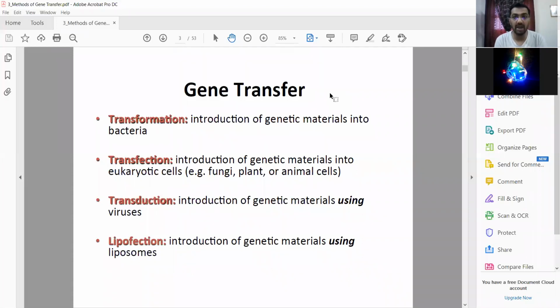While if we use viruses for introduction of genetic material into any eukaryotic or prokaryotic cells, such a thing is called transduction. There is another technique called lipofection, in which we introduce the genetic material using liposomes. So these are the different gene transfer terminologies which are used based upon the cell type.